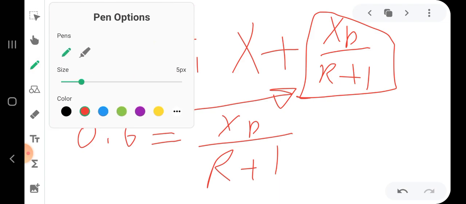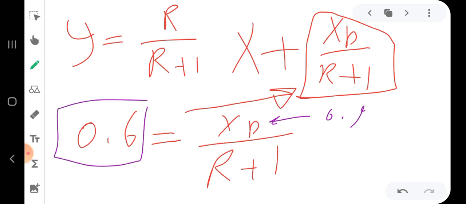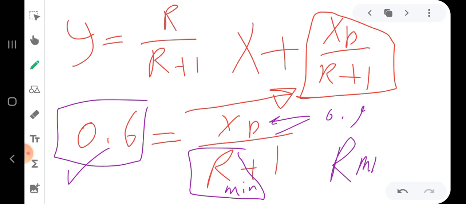If we have, for example, an xd value of 0.9, since this intercept is at the minimum condition, this will give the R minimum. You can use the solver to get this value, having the value of xd and the value of the intercept. So this is the way to determine the minimum reflux ratio.